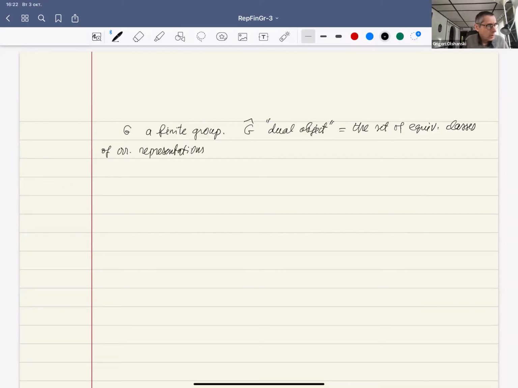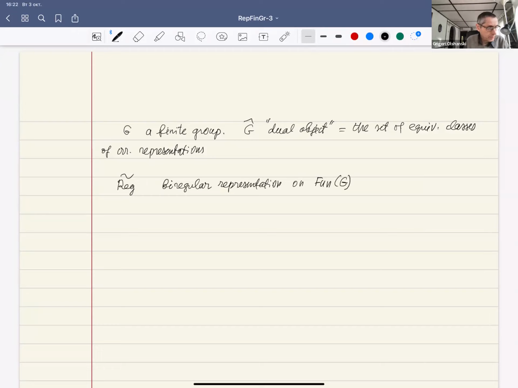So, my notation reg tilde is the biregular representation on the space of functions on our group.